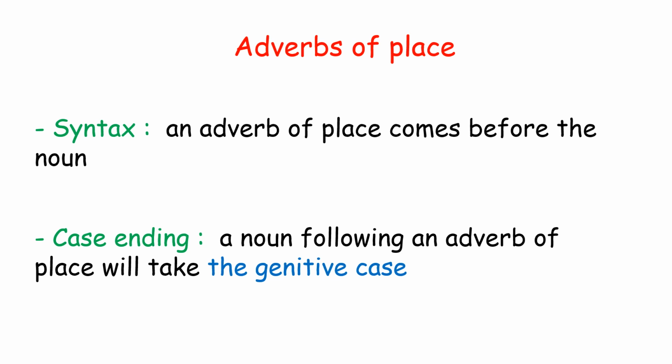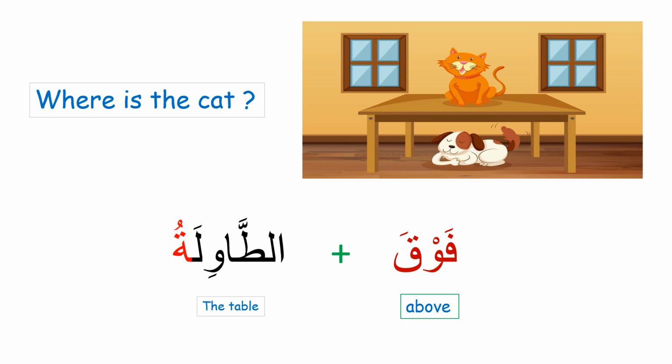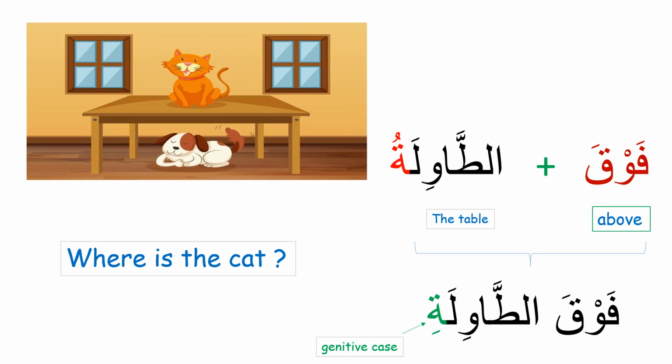Okay, so let's begin with the cat. Where is the cat? Here we need to combine فوق with الطاولة. The cat is فوق الطاولة. Again, فوق الطاولة. You can pause the video if you feel the need.